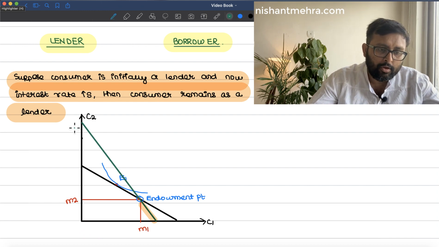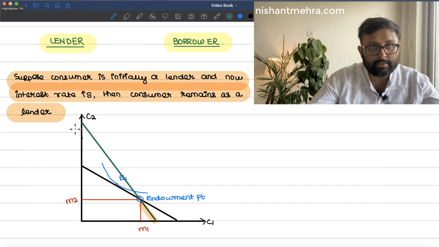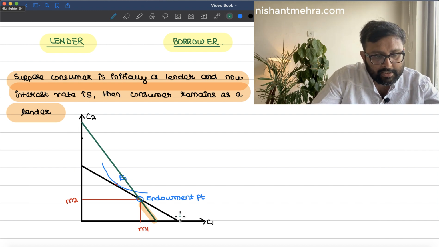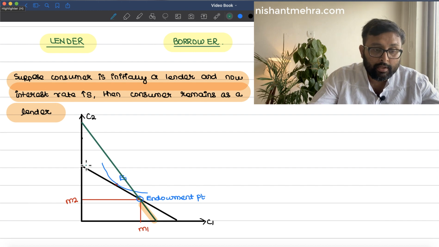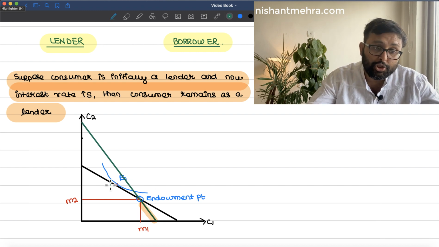Ask yourself, were these points available to you initially when the interest rate had not changed? Yes, these points were available. So this black budget line was the initial budget line. These points on the new budget line were affordable to you when you made the initial choice of E1, right? That is right.